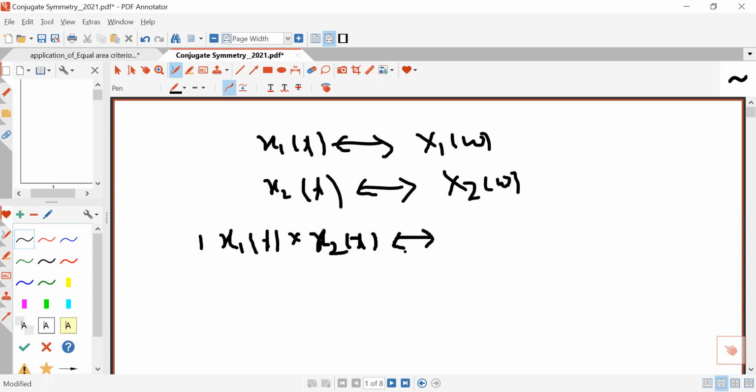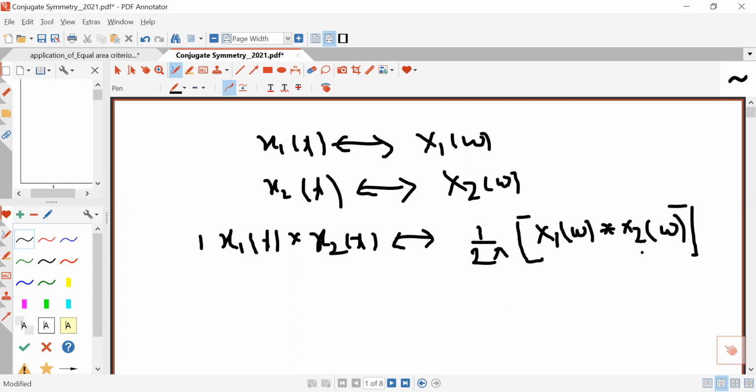And according to the multiplication property, which I have proved in the previous lecture, its Fourier transform will be 1 by 2 pi of X1(omega) convolution X2(omega). Here X1(omega) and X2(omega) are the Fourier transforms of the signals x1(t) and x2(t).